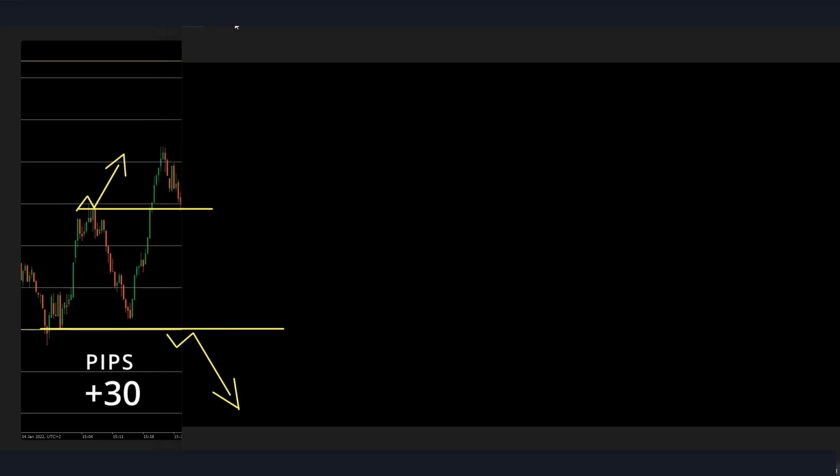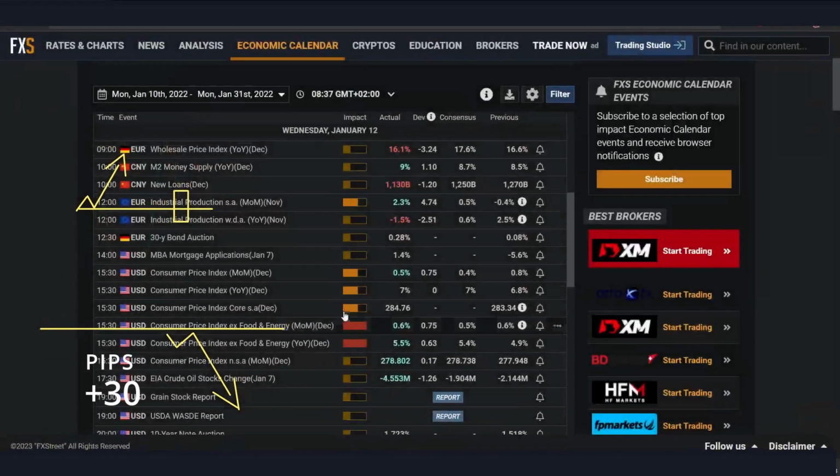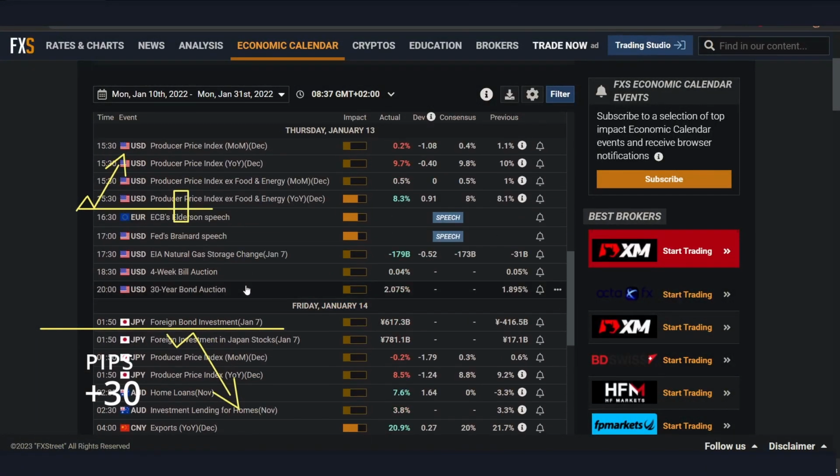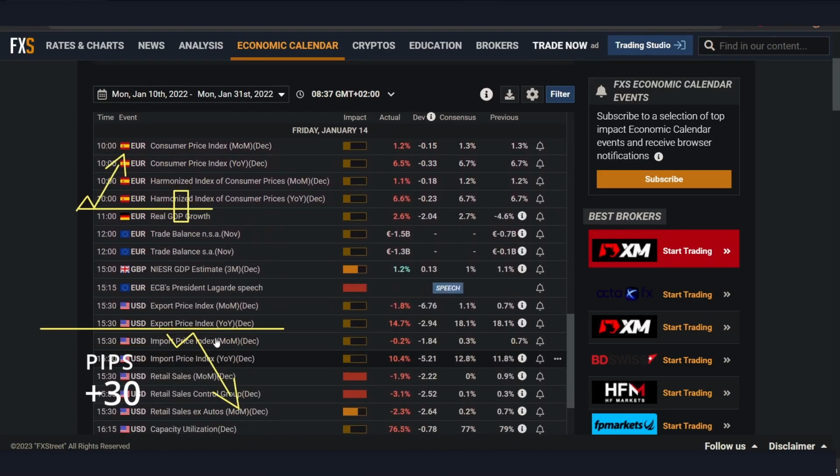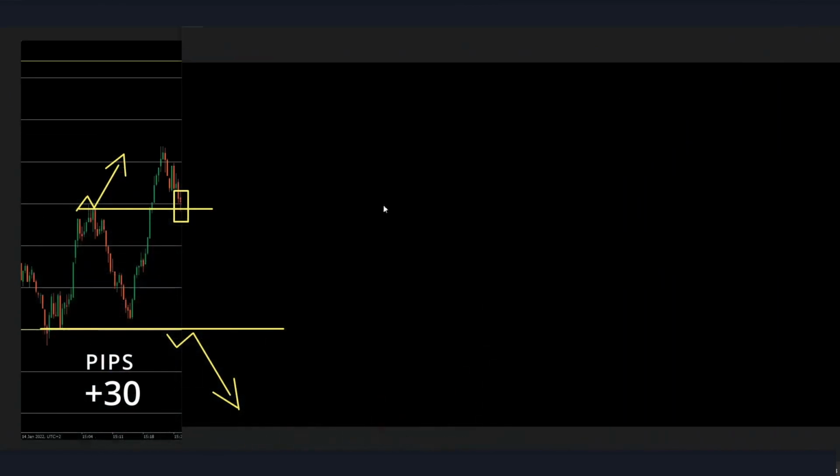Let's see if we have a retest. I don't know if you have any news on the 14th. Retail sales. So yeah, we have retail sales. Let's see. Okay, yeah, we will have a spike up.